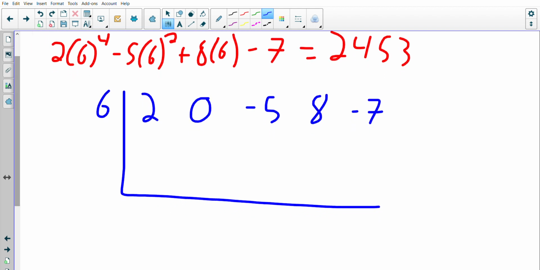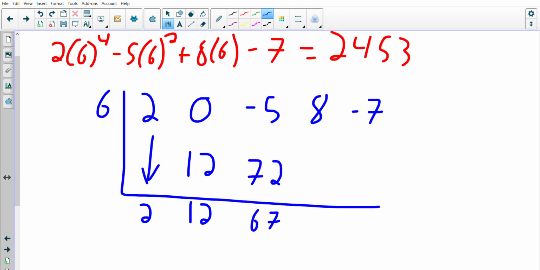Okay, so let's watch this. So remember, bring the 2 down, then multiply and add. Multiply and add. Okay, multiply and add. Then once again multiply. 2,460.